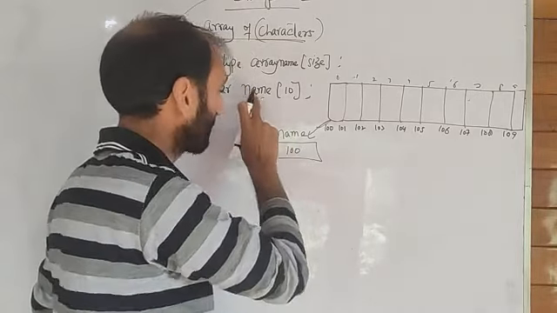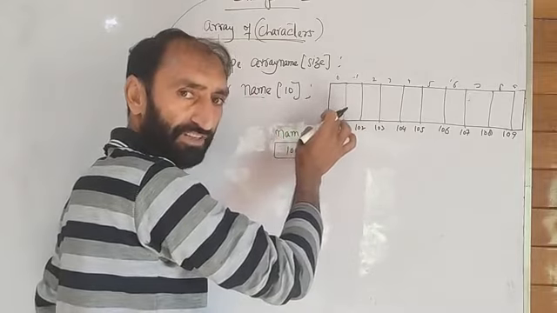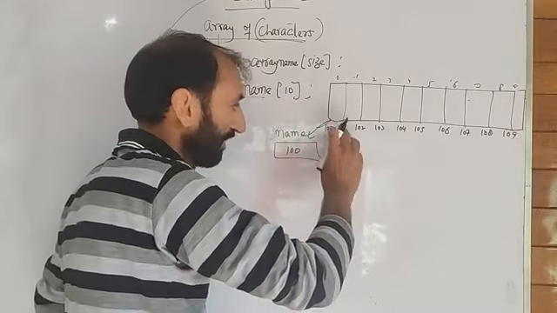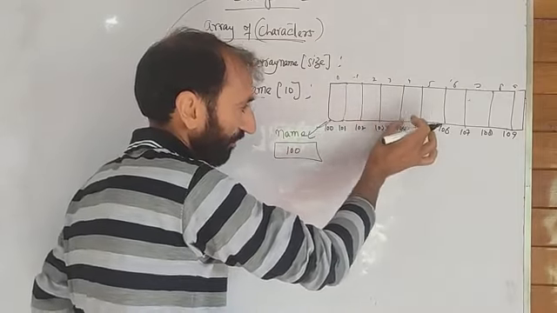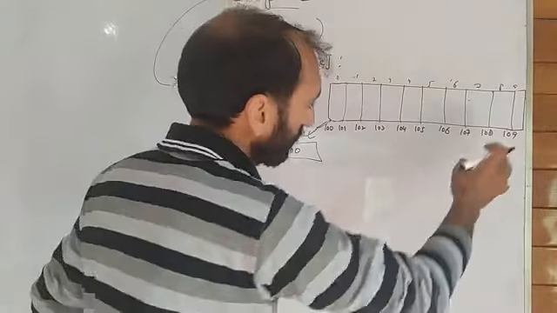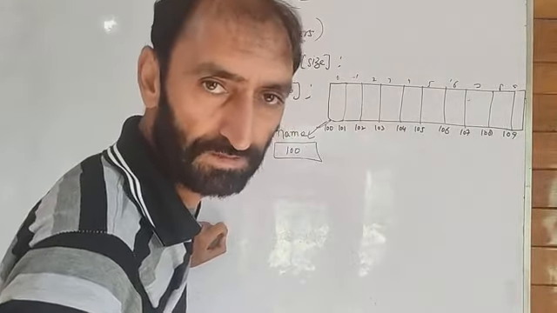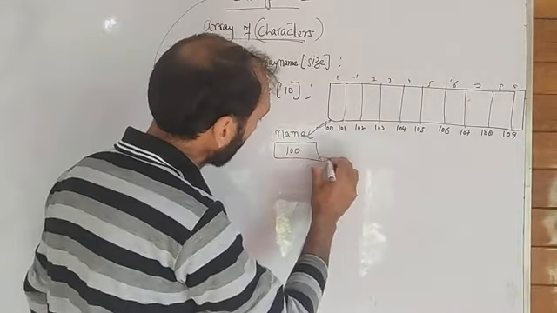100 is going to be stored in the name of the string. The name is also a variable. It contains the base address of the string. The starting address is 100, then 101, 102, 103, 104, 105, 106, 107, 108 and 109. That means the last one is 9. So this is the internal pointer.